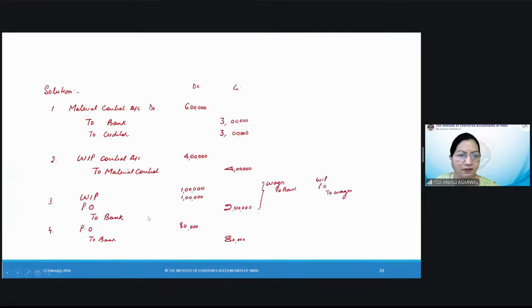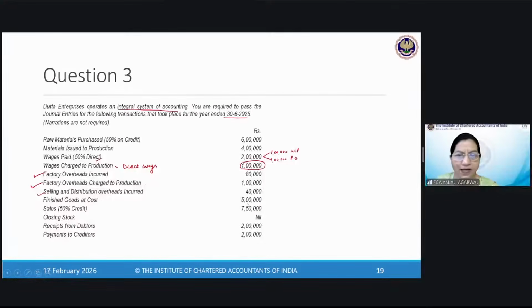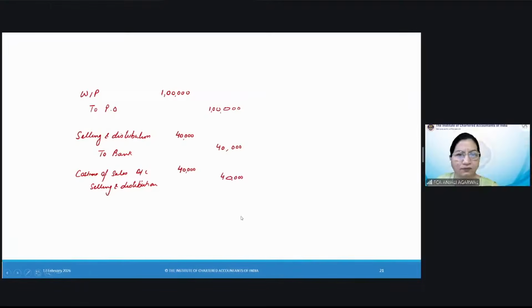Next is finished goods at cost 500,000 and there is no closing stock. So finished goods debit to WIP, and it is saying there is no closing stock of finished goods.